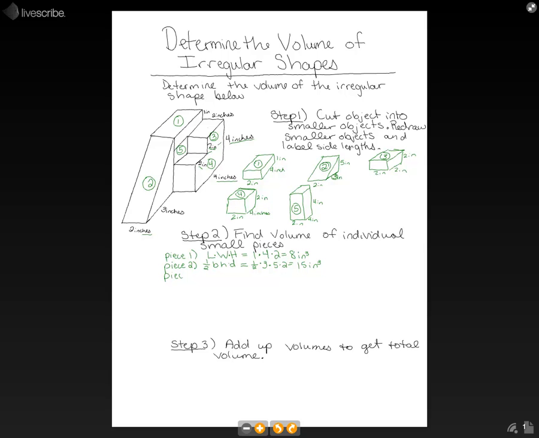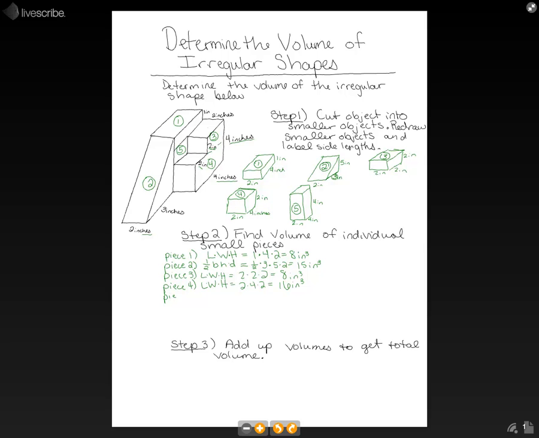For piece 3, we have another box, so that's just going to be length times width times height. And that's 2 by 2 by 2, which will give us 8 inches cubed. Piece 4 is another box, so length times width times height. 2 times 4 times 2 give us 16 inches cubed.